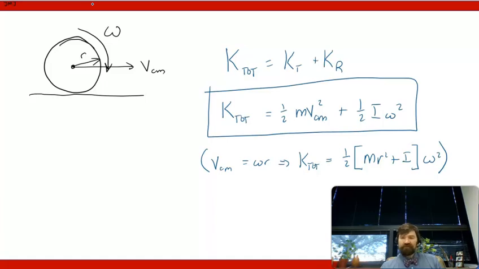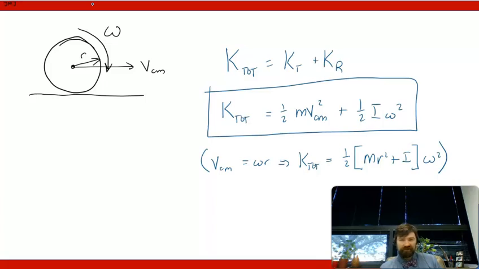You could also, in principle, put everything in terms of just v, by multiplying the omega term by r and dividing the I by an r squared term.